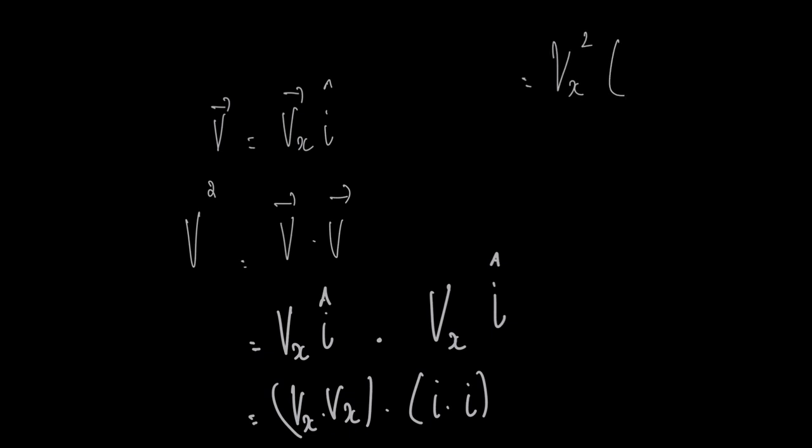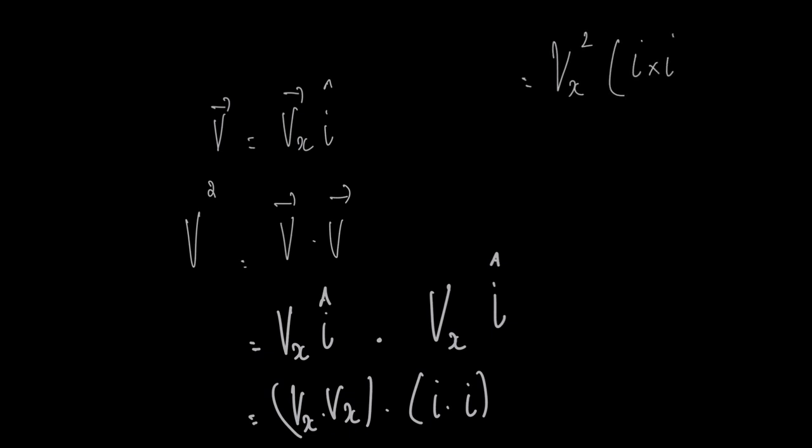What is v square? V square is actually the dot product of v and v, which is vx I cap dot vx I cap, which is equal to vx into vx times I dot I, which is further equal to vx square.